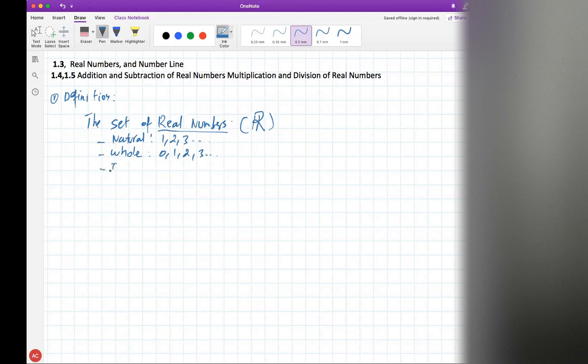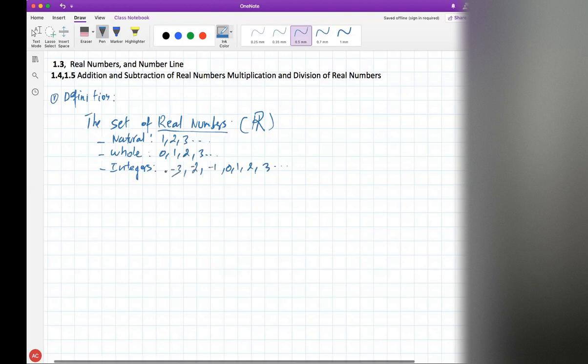And after that, we have integers. Integers are these numbers in addition to the negatives. So positives here, negatives on the other side, and 0 in the middle. So that's integers.